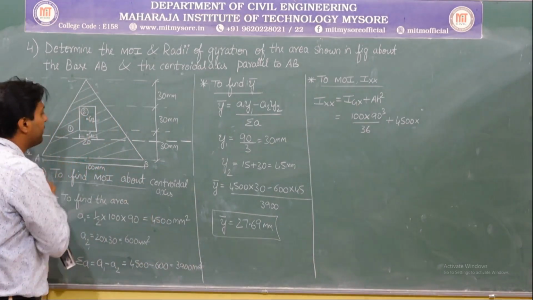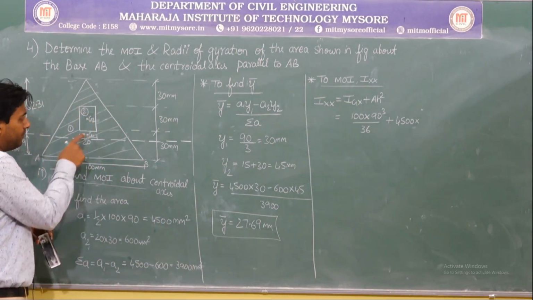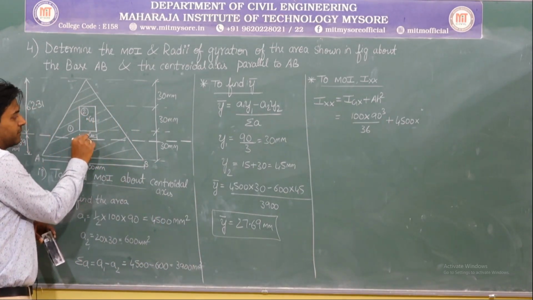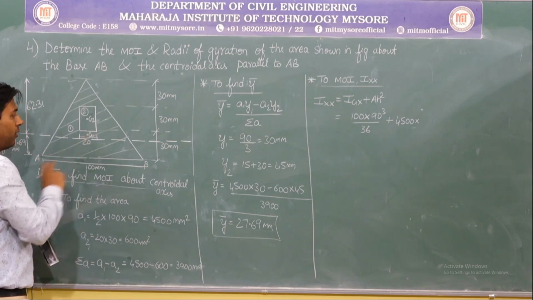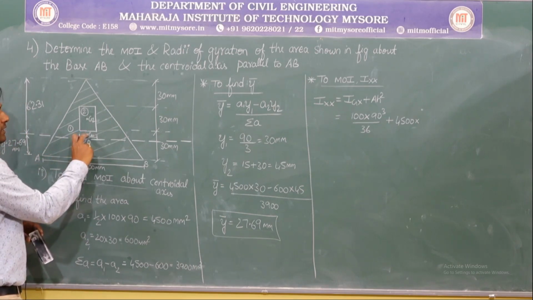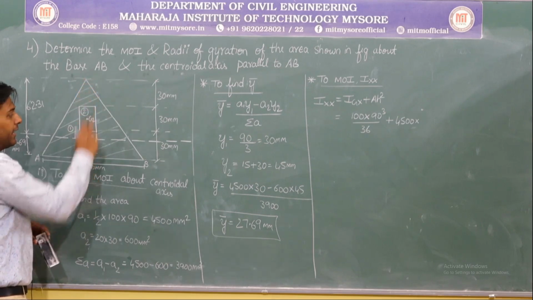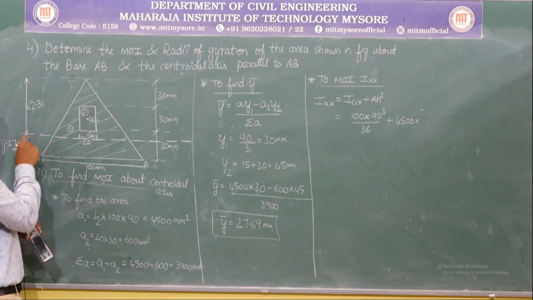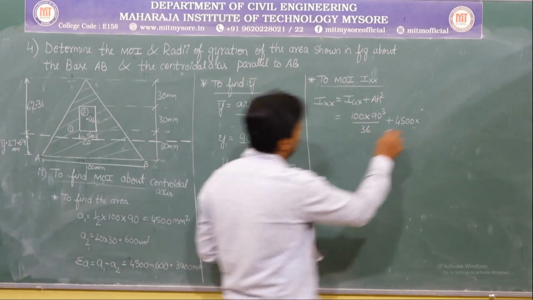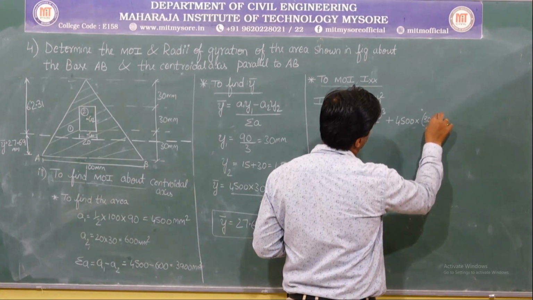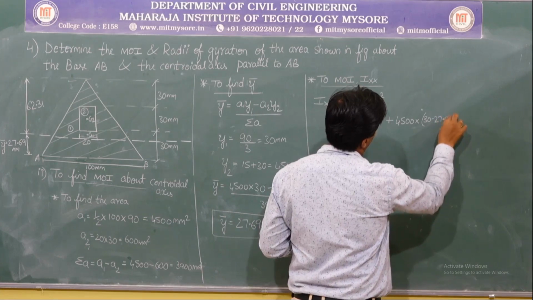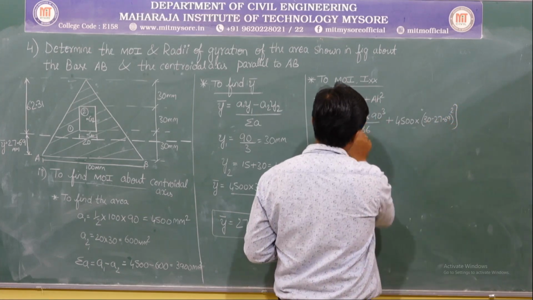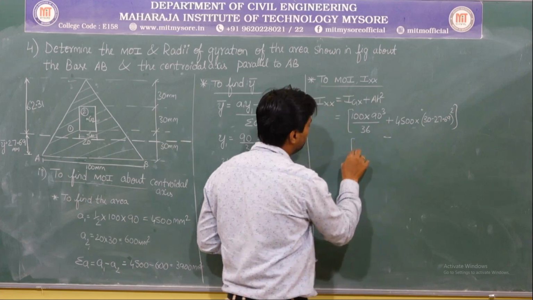It is the distance between the centroid of the concerned diagram and this axis. What is this distance? h by 3, total is 90. This distance is h by 3, that is 30. So 30 minus 27.69, whole square, minus, I need to go with one more.